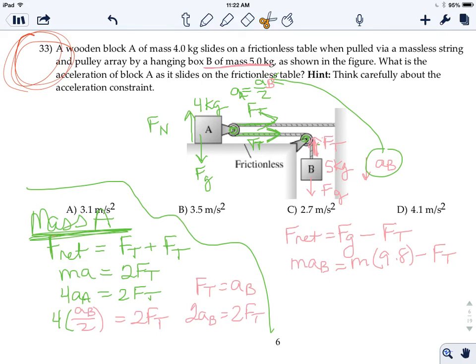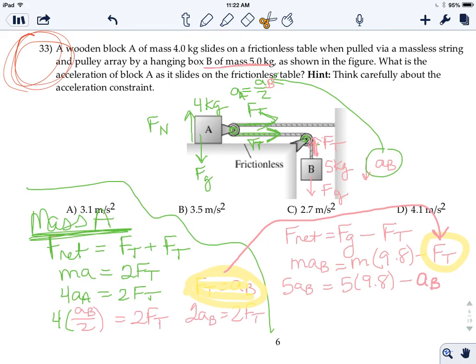Okay, so let's do some substituting. We know the mass, 5 times the acceleration of B is equal to 5 times 9.8 minus, remember we said before, that the tension force was equal to the acceleration of B. So we're going to substitute this in for our tension force.